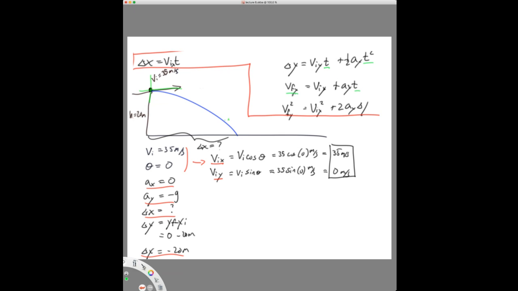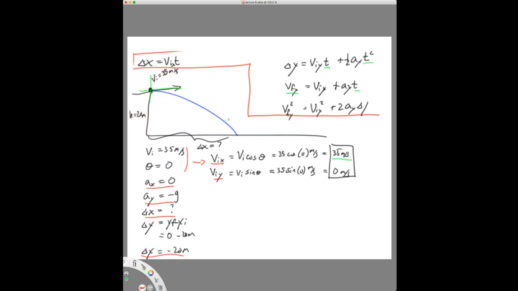But we know conceptually that the X component never changes, so VFX is always 35. So there's really only two things that we haven't said anything about, and a third unknown, which is delta X. That's what we want to find.